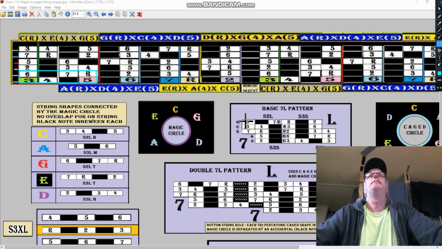There's one. Says it right there, S2L. So there's an S2L there. Right there. Okay? We have an S2L, and then we go into an S3L, but it's warped over. And then the top of another S2L there.